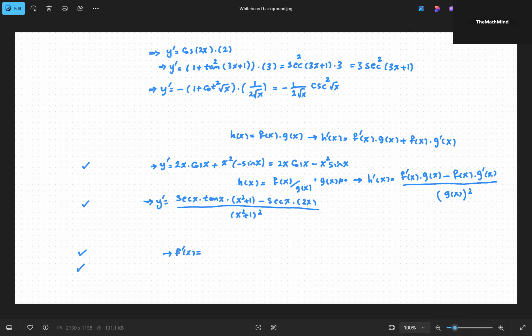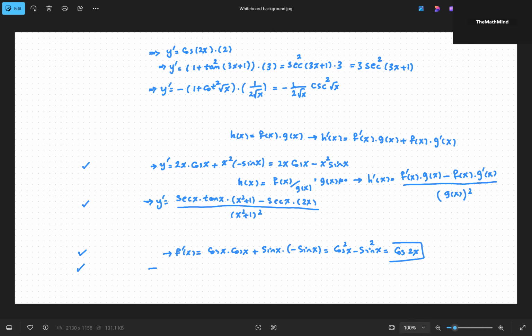F prime will be the derivative of sine, which is cosine, multiplied by the second function, plus the first function multiplied by the derivative of cosine, which is negative sine. This will be cos squared x minus sine squared x. And if you know the trigonometric formulas, this is cosine 2x.